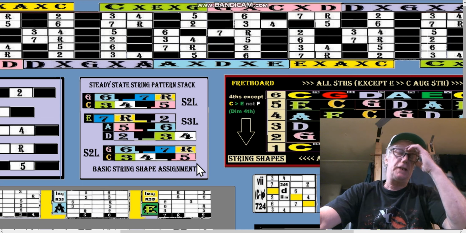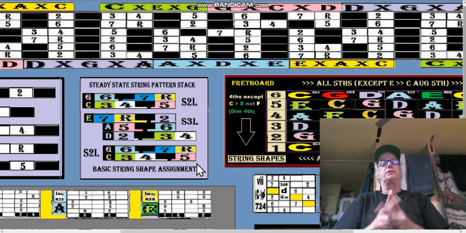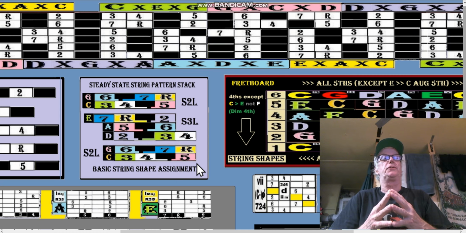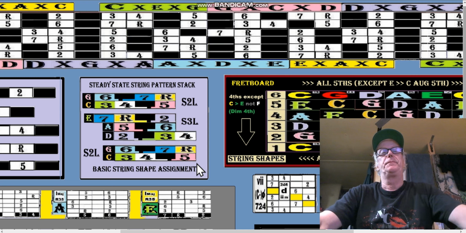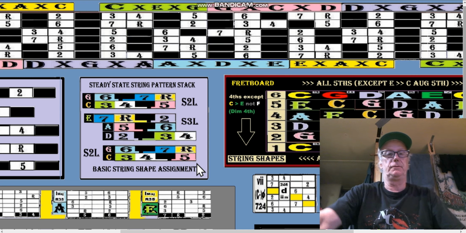Caged is a descending pentatonic scale, whereas the magic and the string circles are ascending and descending in fifths or in fourths. That is the difference.